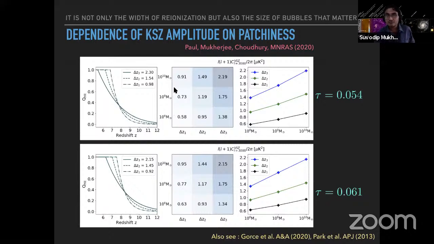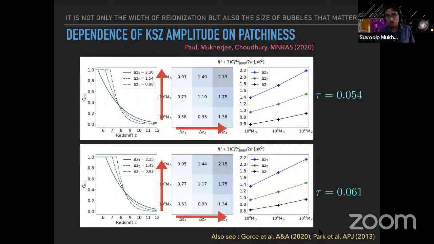It's a combination of both which affects you. You can see there's a degeneracy: I can walk along the x-axis or along the y-axis and get a similar effect. You get maximum power in the kSZ when higher halo masses are driving the reionization and delta z is also large.